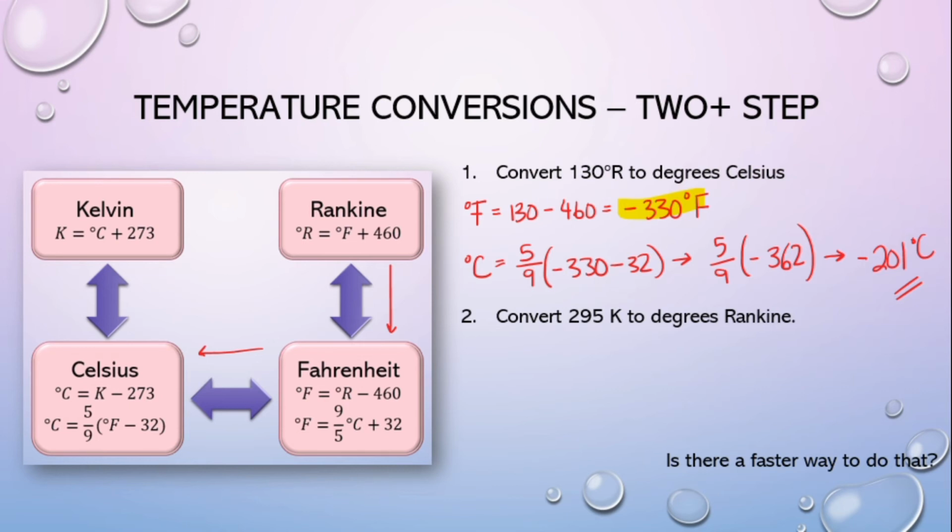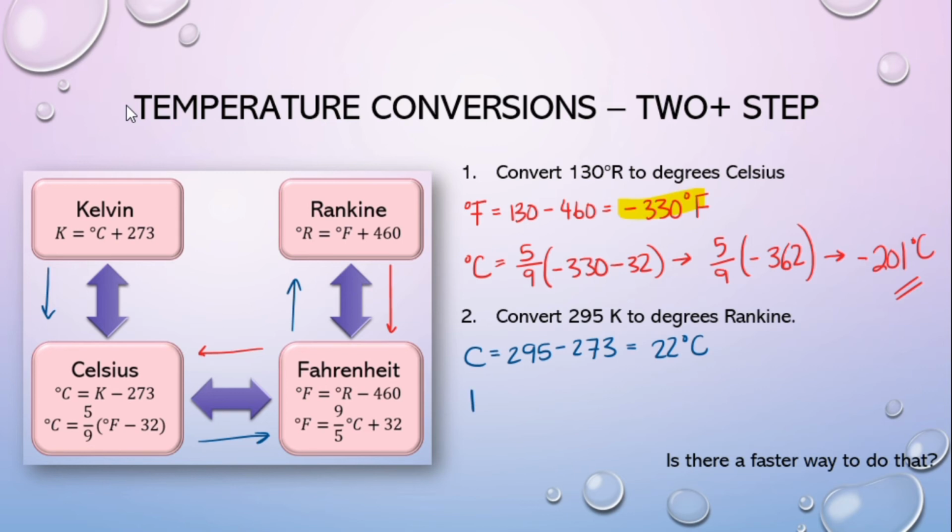For number 2, we're going all the way from Kelvin through Celsius, through Fahrenheit, and up to Rankine. And then we'll make a note of something. So to get my Celsius from Kelvin, Celsius is 295, the Kelvin temperature, minus 273, which is going to give me 22 degrees Celsius.